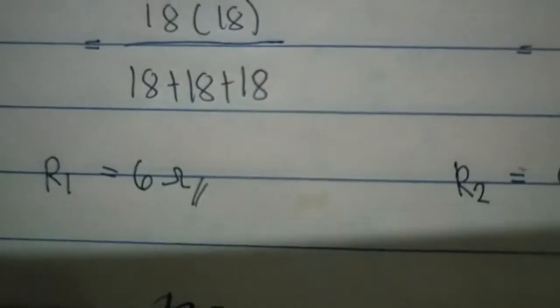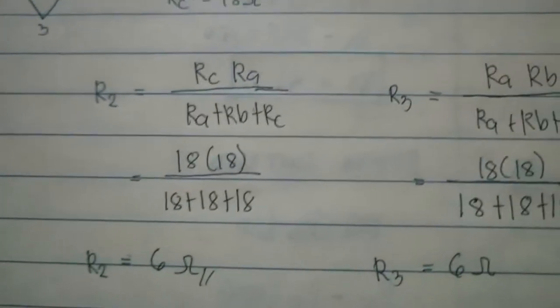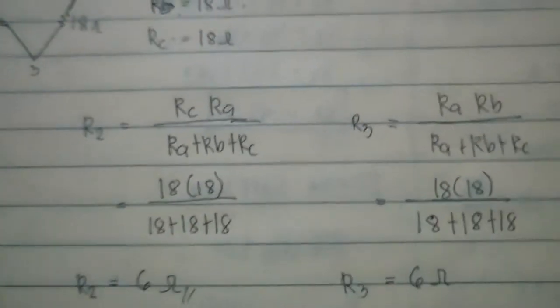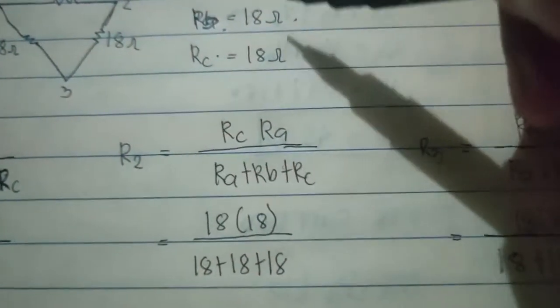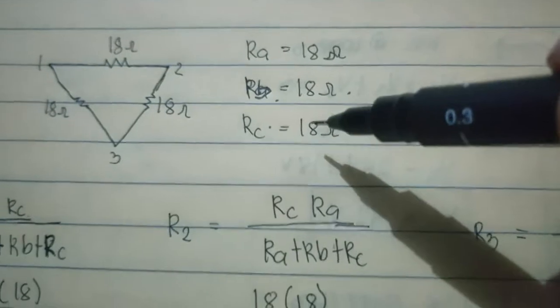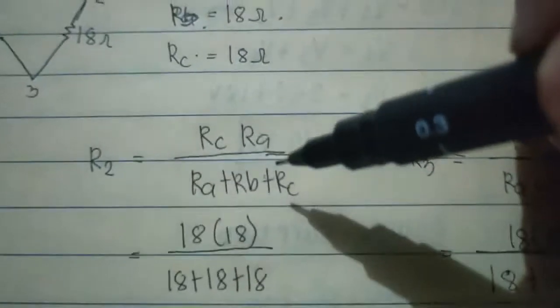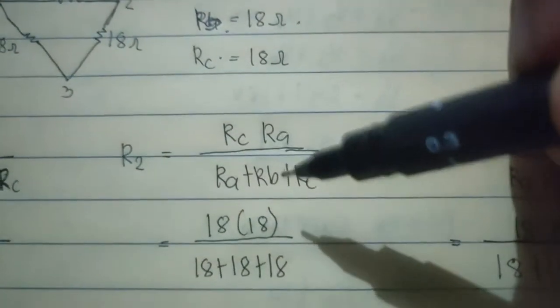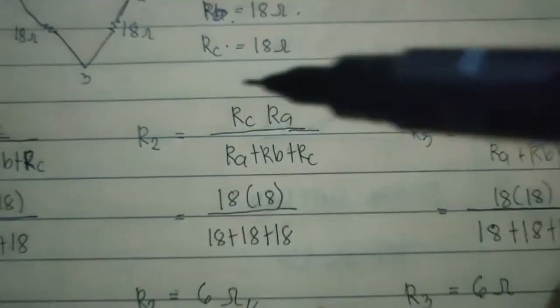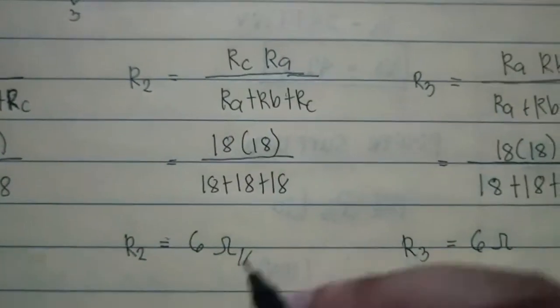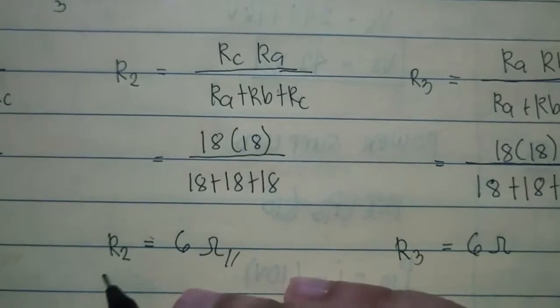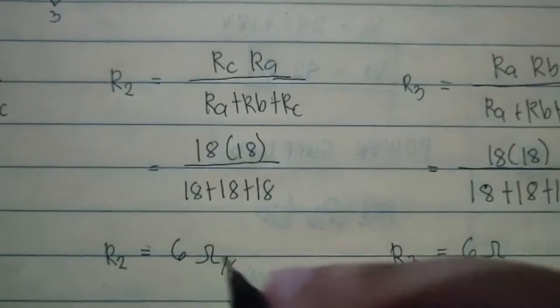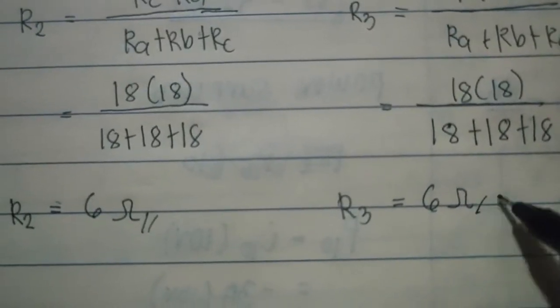So we can just use the same process for the R2 and R3, because all of them have the same ohms. So we can just repeat the steps so that we can arrive to 6 ohms. So our R2 is still 6 ohms, and our R3 is still 6 ohms.